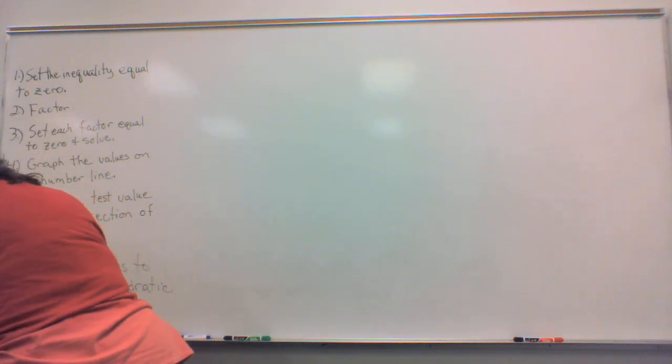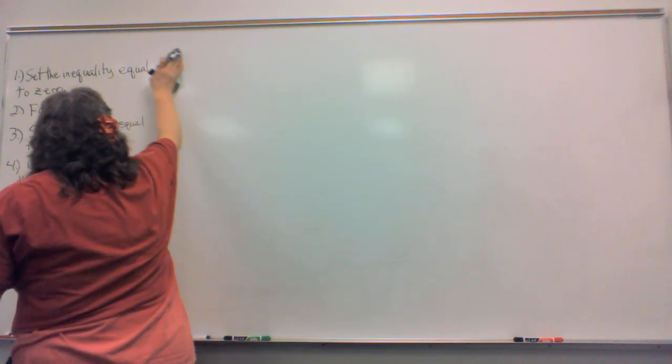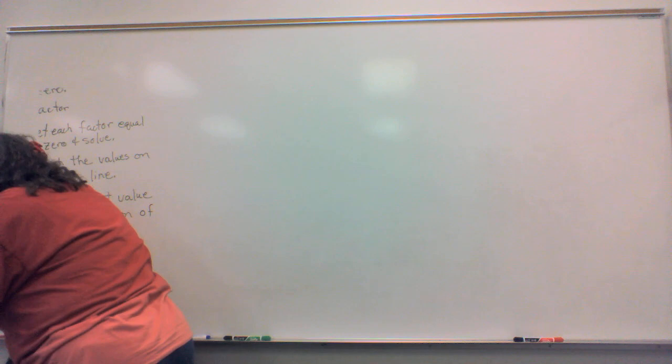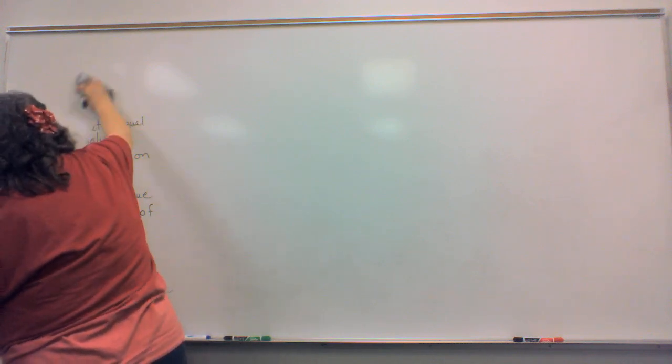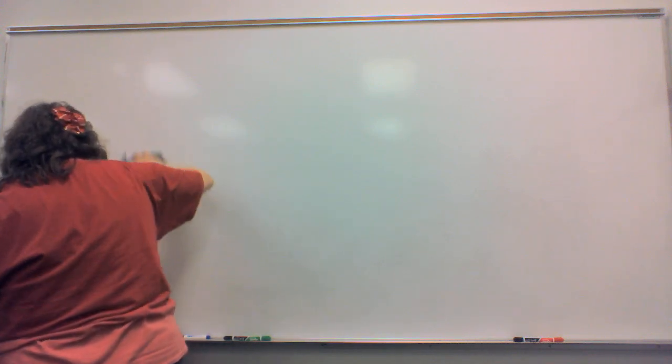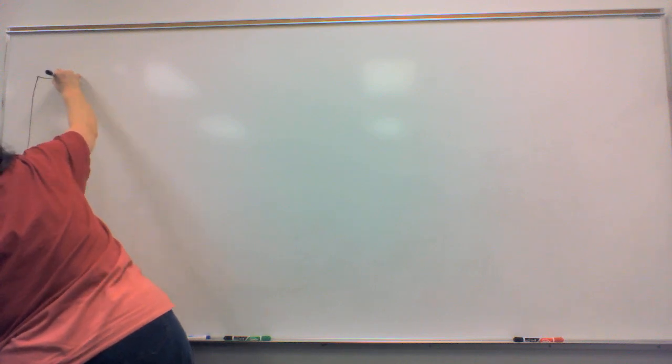It says, a box with no top is made from a piece of cardboard. Okay? Whose length measures 6 inches more than the width. So I have a box here.